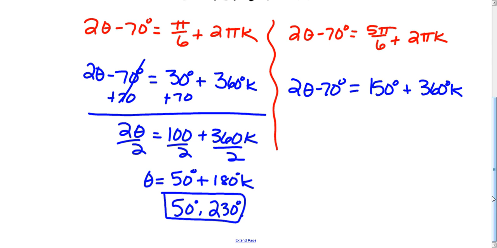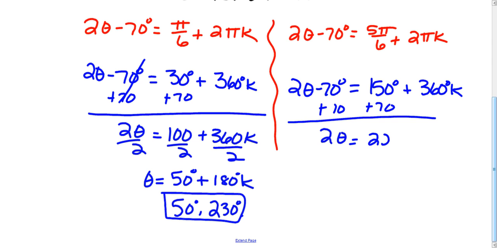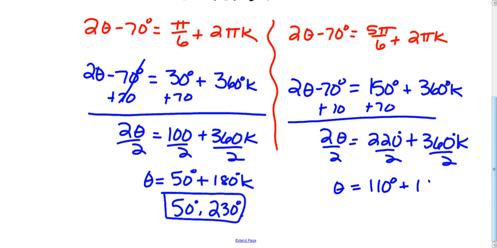On the other side, I'll add 70, and I'll get 2 theta is 220. Divide by 2. 220 divided by 2 is 110 degrees plus 180k.